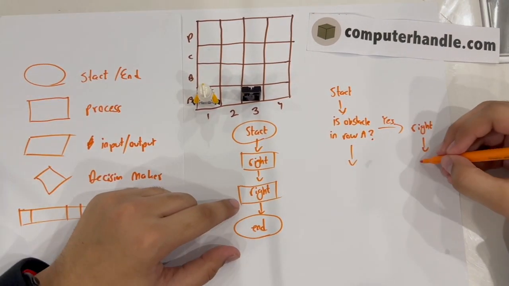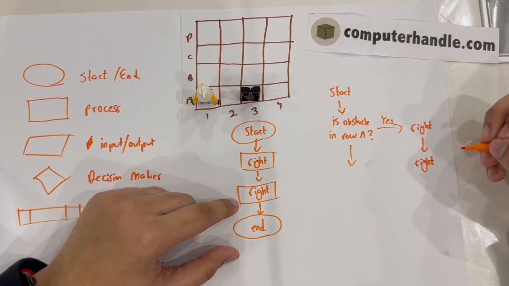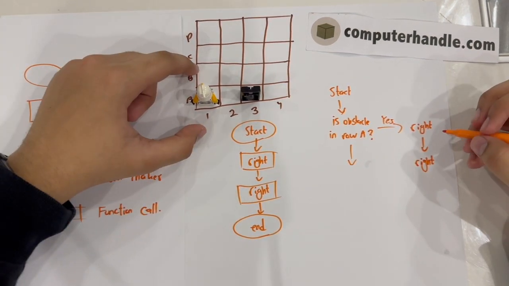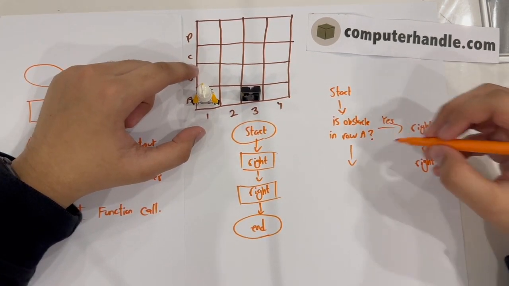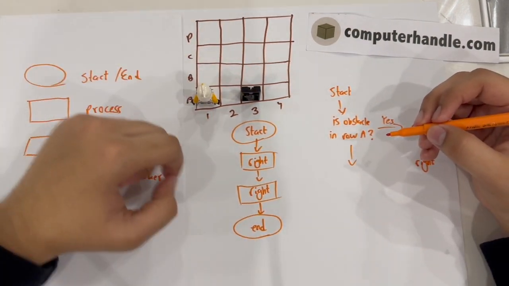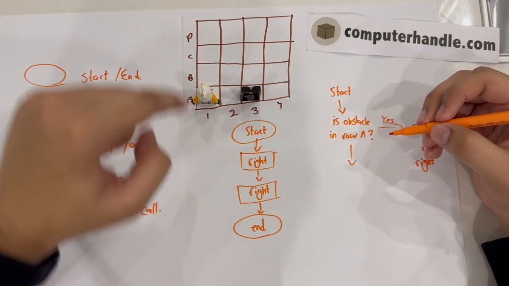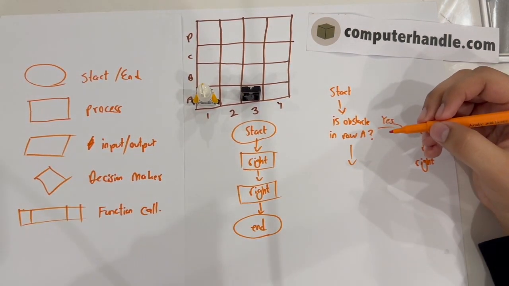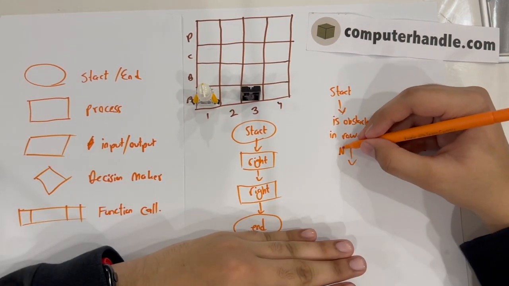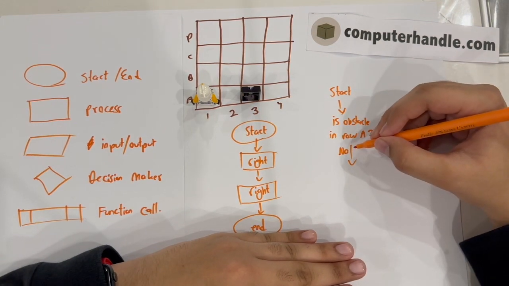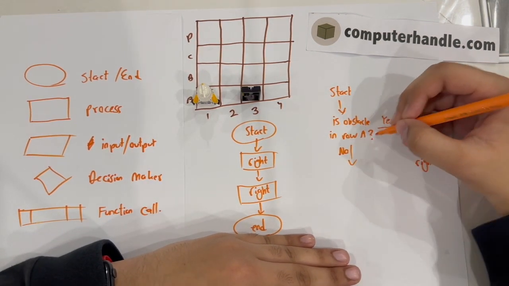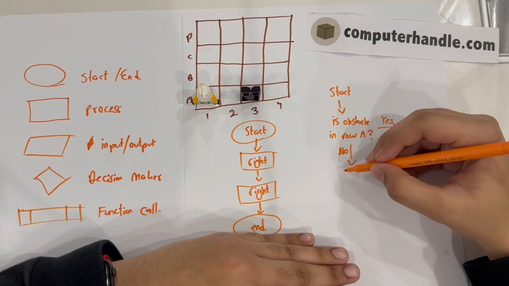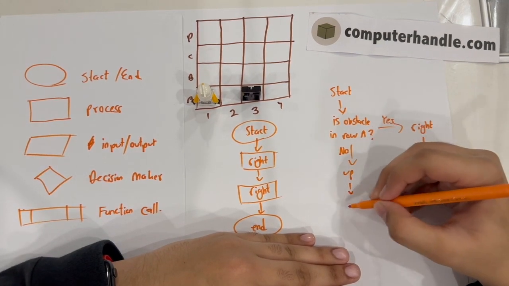This is the same thing. But if it's in row 1, which means it's not in row A, let's suppose there were only 2 possibilities, and of course if it's not in row A, it's in row 1, the vertical column 1. So if this is false, we're going to move to the no arrow, and then we're going to say up 2 times.